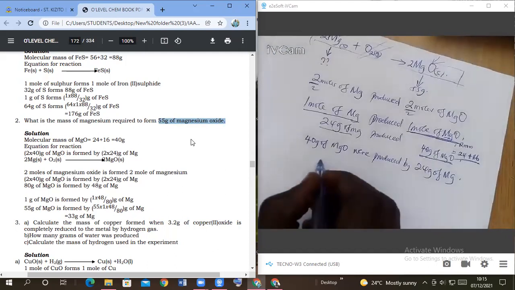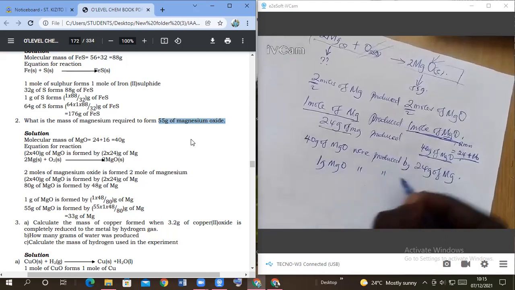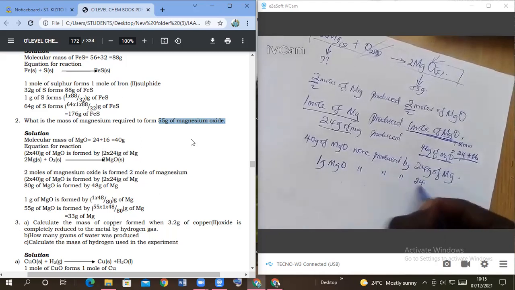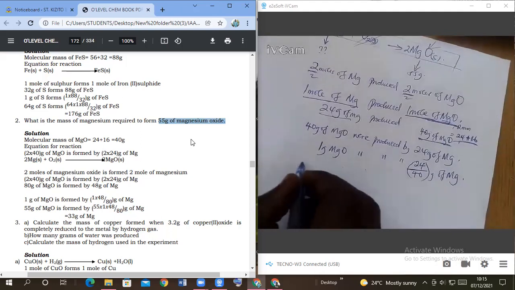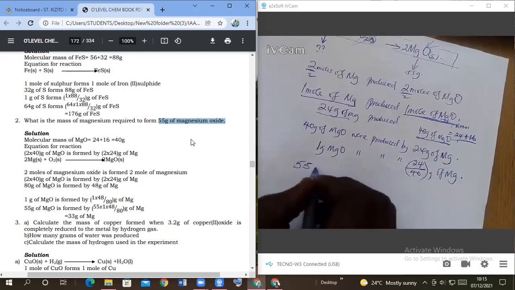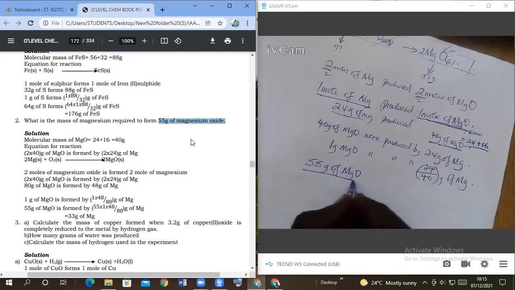Ask yourself a question, what about 1 gram of magnesium oxide? It is produced by 24 out of 40 grams of magnesium. What about 55 grams? We have 55 grams of magnesium oxide because these are the ones that were produced.